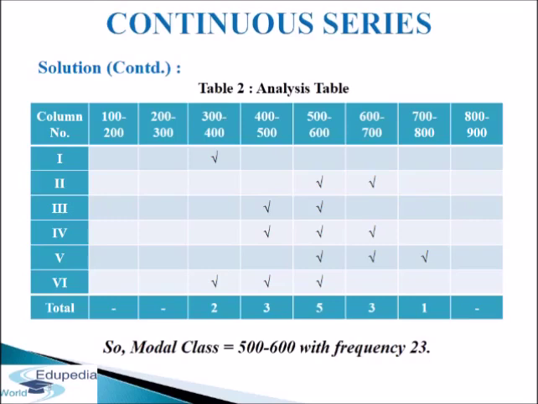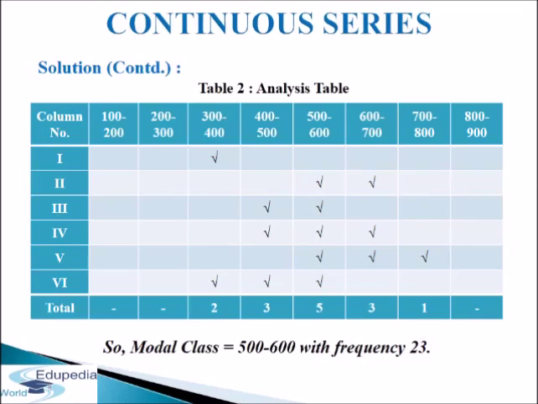In 500 to 600 there are 5 tick marks, so in total we will write 5. In 600 to 700 there are 3 tick marks, so we will write 3 as total. In 700 to 800 there is 1 tick mark, so we will write 1 in the row of total. In 800 to 900 there is no tick mark, so we will leave a blank.